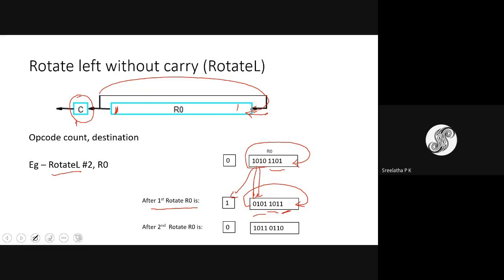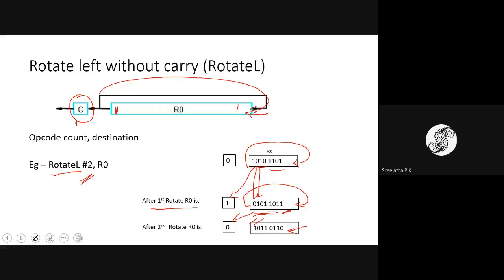Okay, so this is the first rotate. Next, the instruction is to rotate twice. So 0 comes to the carry flag, and then it is also moved to the least significant bit position. These bits are shifted by 1 to the left.